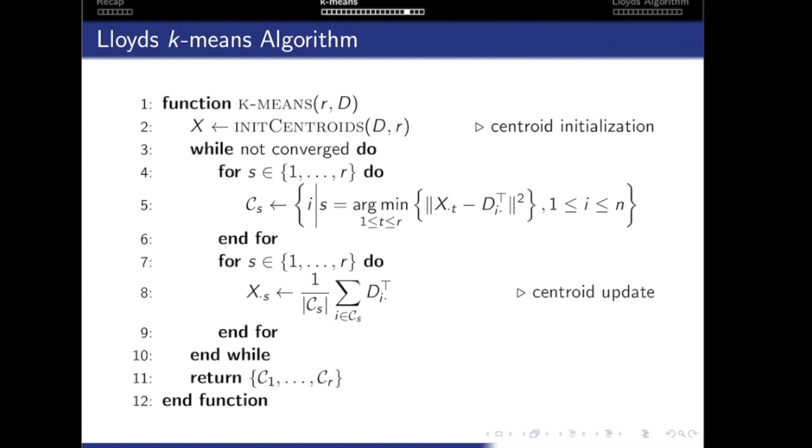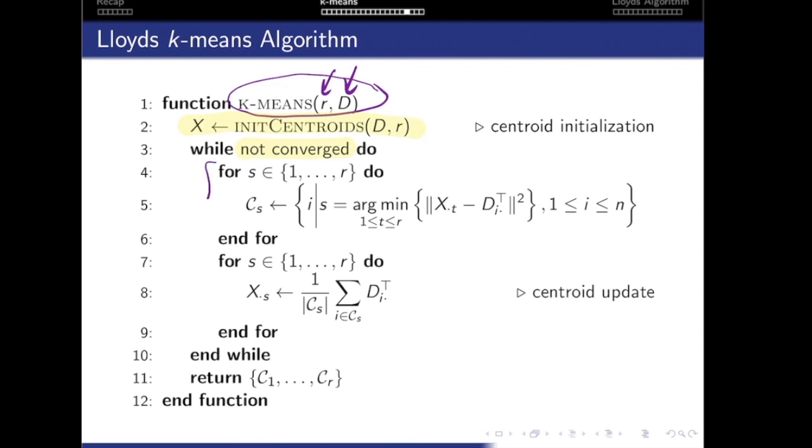Yeah, let's have a look at how that would look in pseudocode. So we have here the function of k-means, and this is actually known as Lloyd's algorithm. And you see here it gets as input the rank, so the number of clusters, and the data matrix. And then we have to initialize somehow our centroids. And then we compute the procedure as we have discussed it now. So as long as we did not converge to a solution, we do here these cluster assignment updates.